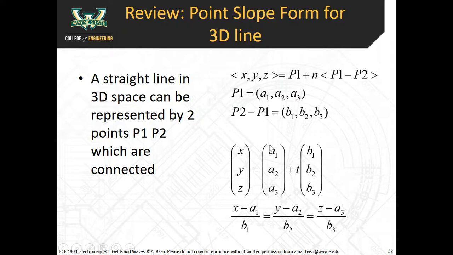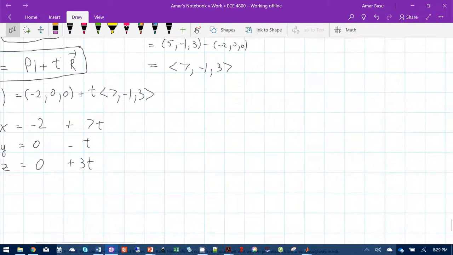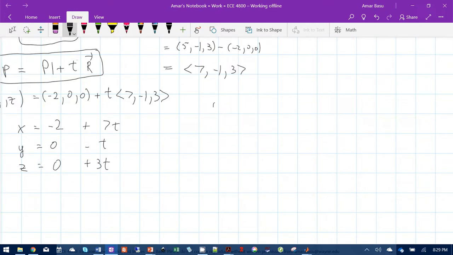Now that we've figured this out, we do the line integral. Just to remind everyone, when you do the line integral, we are looking for V2 minus V1. V2 minus V1 is equal to the integral from P1 to P2 of E dot dl.